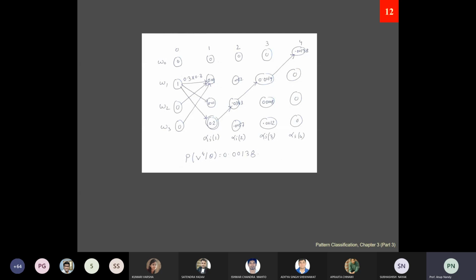You need to compute this way: alpha j at t, alpha j1, alpha j2, alpha j3, and alpha j4.